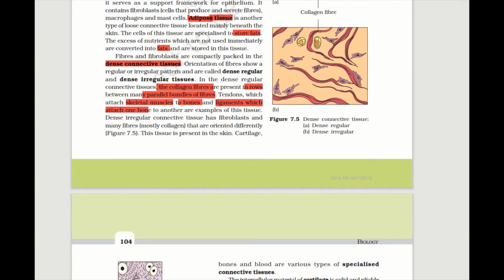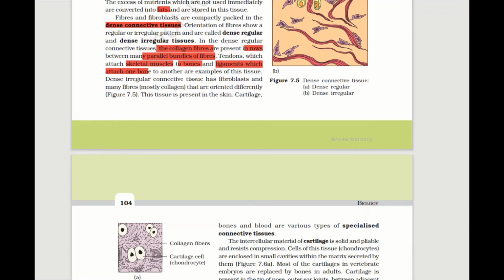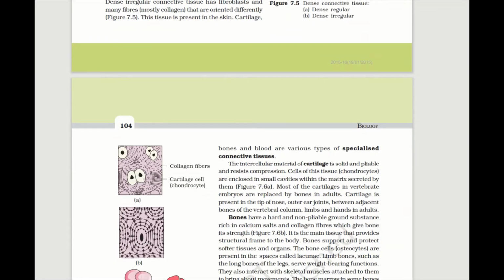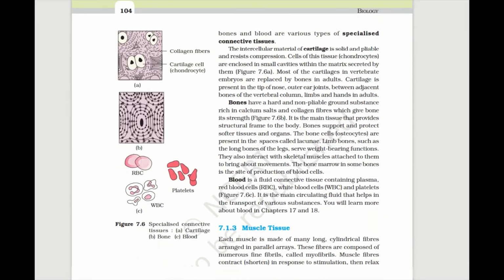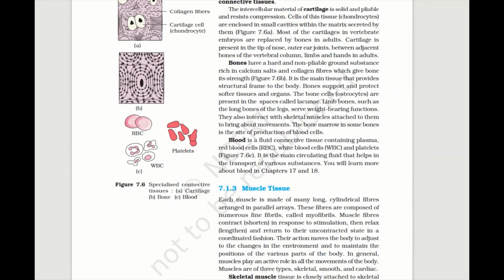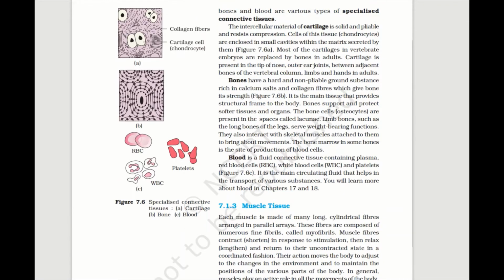We come to the next ones, which are cartilage, bone, and blood. In the special connective tissue, we have first the cartilage. Cartilage is solid and pliable. Pliable means it is flexible and it resists compression. If you compress it, it does not get compressed.